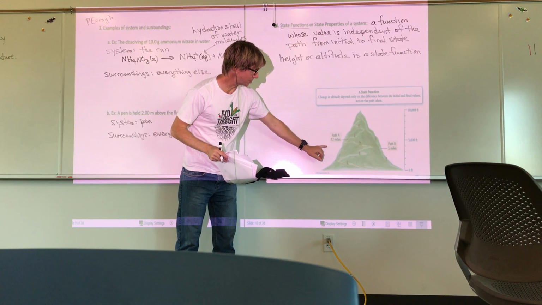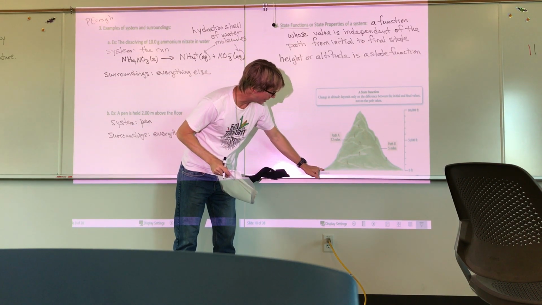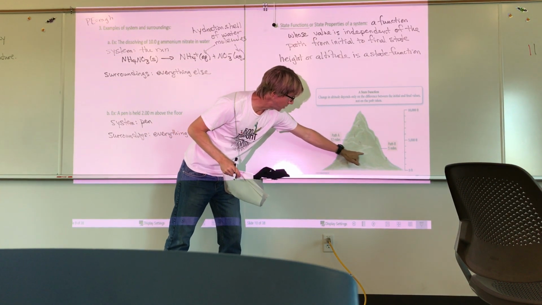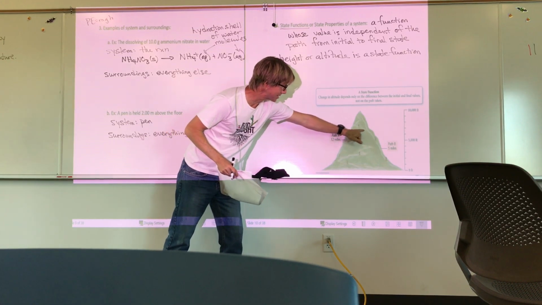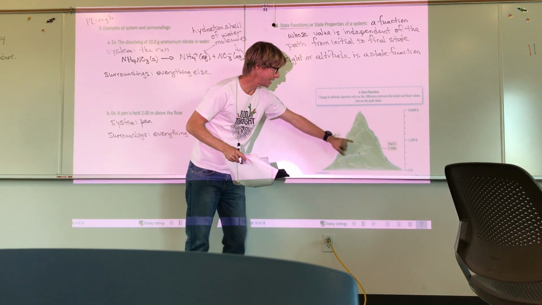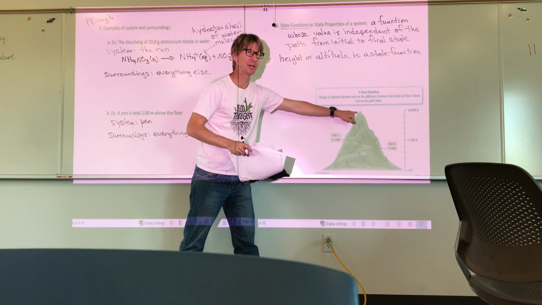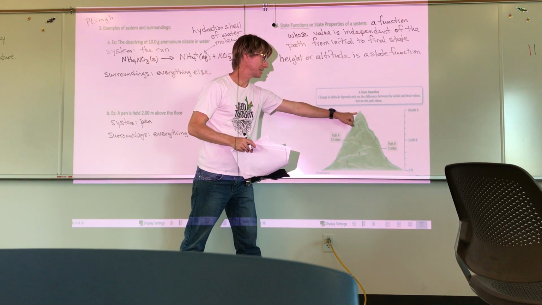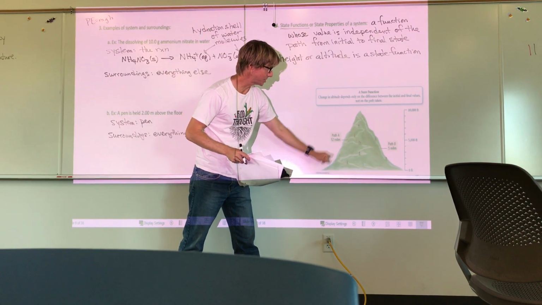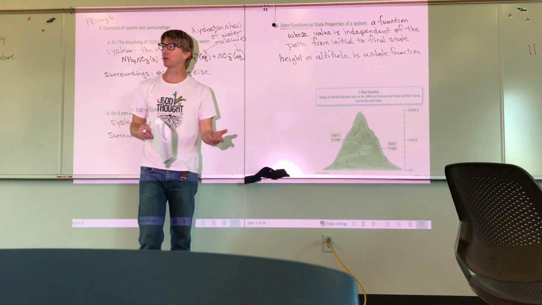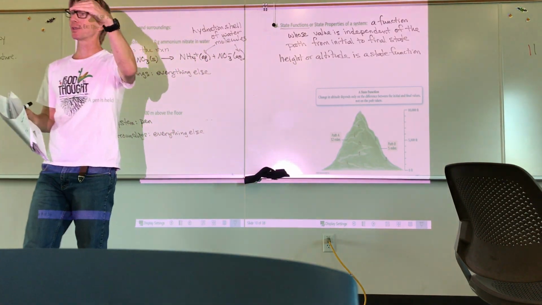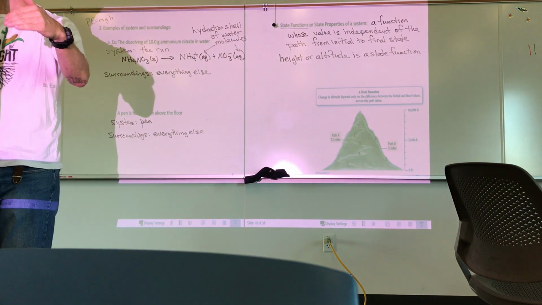And I've got two pictures here. I've got path A. In path A, the person walking it walks up zigzag style. And in path B, they go straight up. And in both cases, they go from 0 to 10,000 feet. And in both cases, the altitude or the height is the same, independent of path.